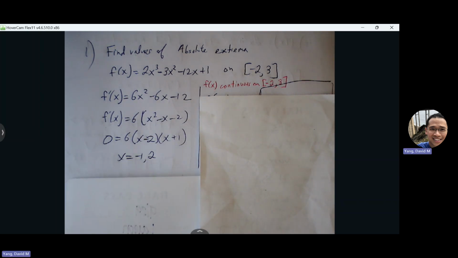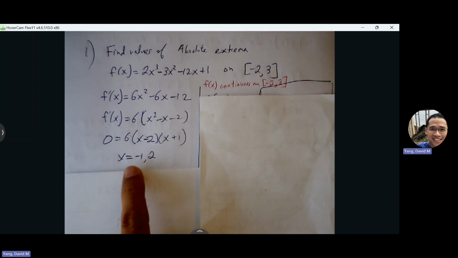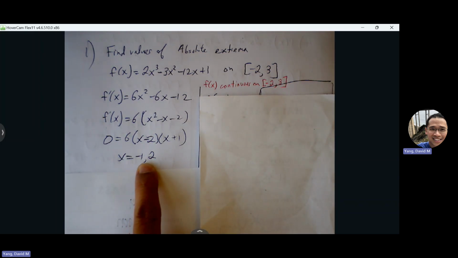Once you find your critical points, confirm whether we want to include them in our candidate list or whether we want to remove them. So are -1 and 2 both valid ones for us to test?